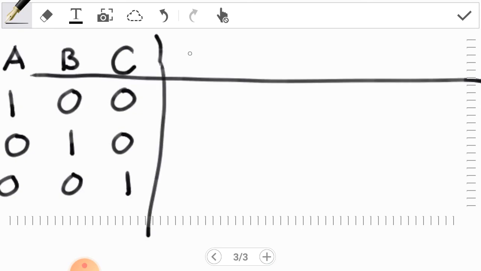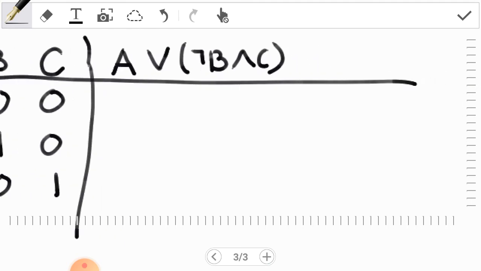So, it's either key A will open the door or, ang sabi ron, key B will not and key C will. Key B will not, so we negate that, and key C will open the door.